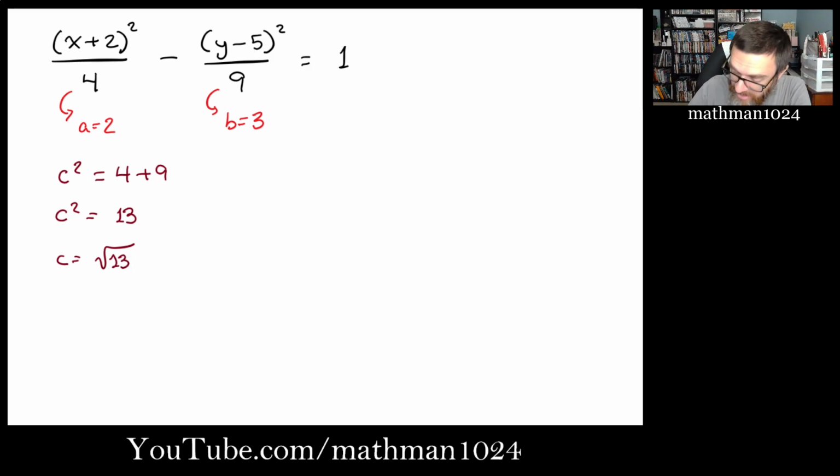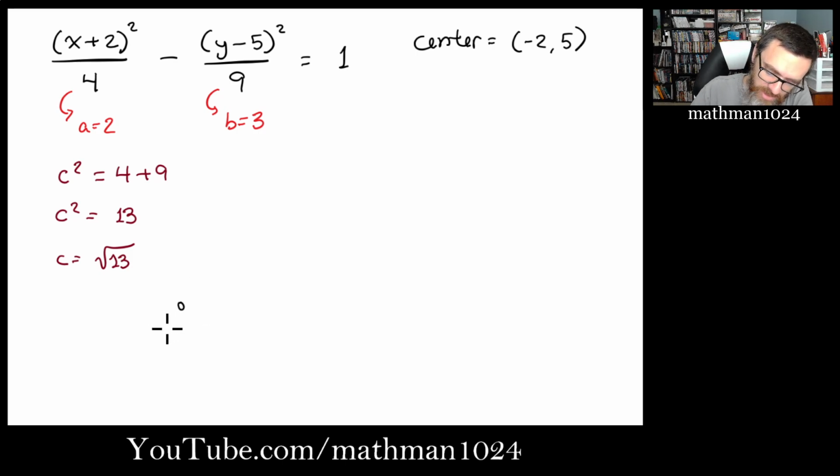All right, let's answer all of these questions. The center. The center is located at negative 2, positive 5. Easy enough. Maybe we should draw a picture. So here's my center at negative 2, 5.